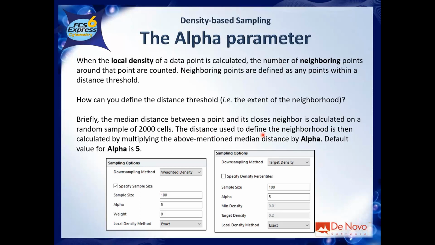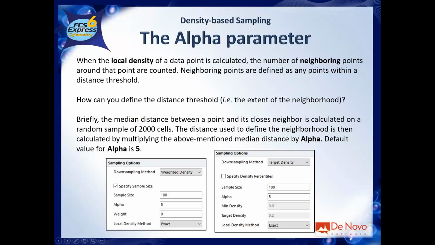Then the distance used to define the neighborhood is obtained by multiplying this median distance by a given parameter that is called alpha. By default, alpha is 5. So it means that the distance the neighborhood is based on is 5 times larger than the median distance calculated for the closest neighbor.